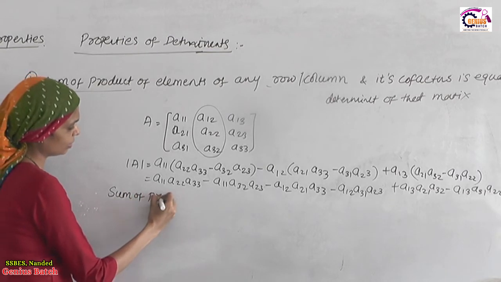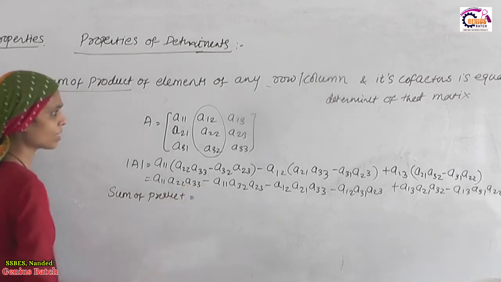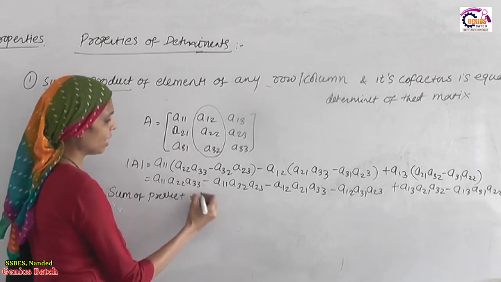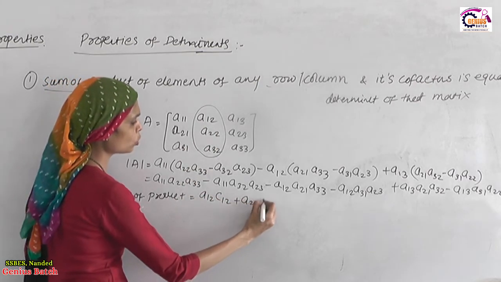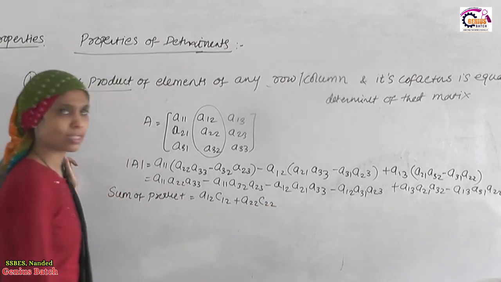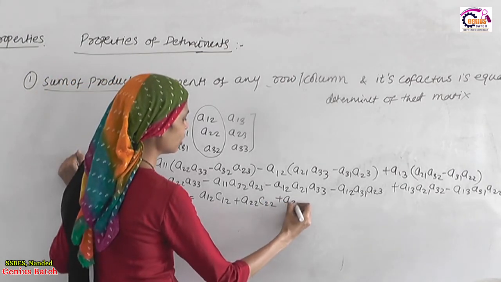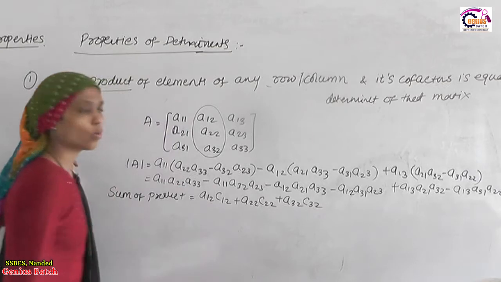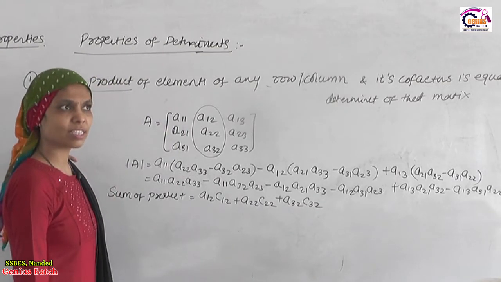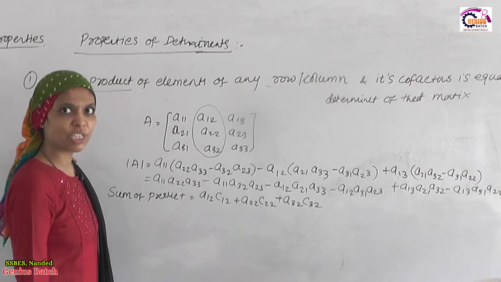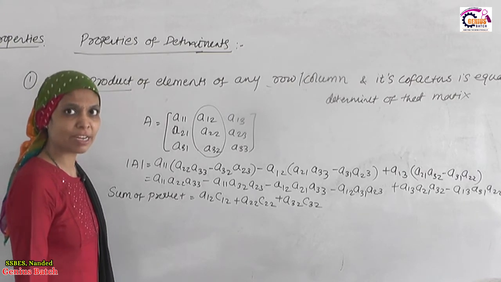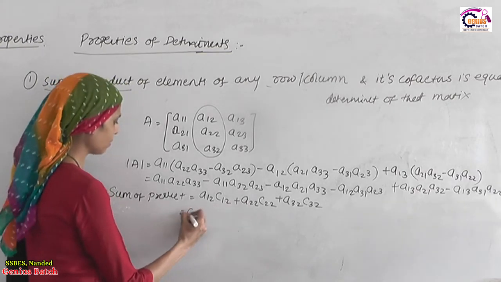The sum of products is equal to A12 into C12 plus A22 into C22 plus A32 into C32, where these are cofactors. How to find cofactors we discussed in the last video: minus 1 raised to i plus j into Mij, where Mij is the minor. So let us find this.